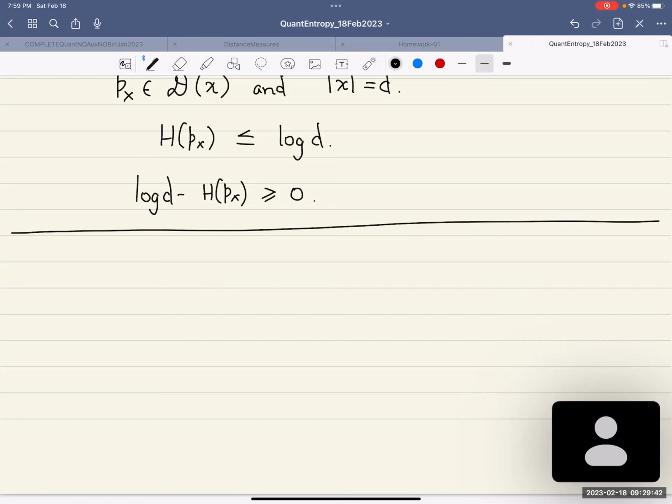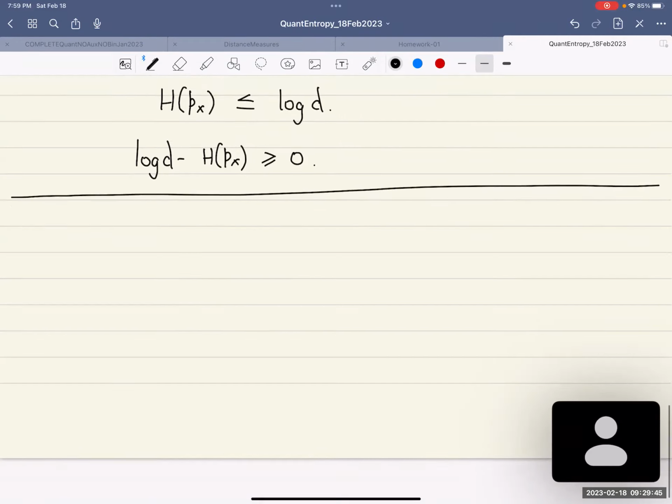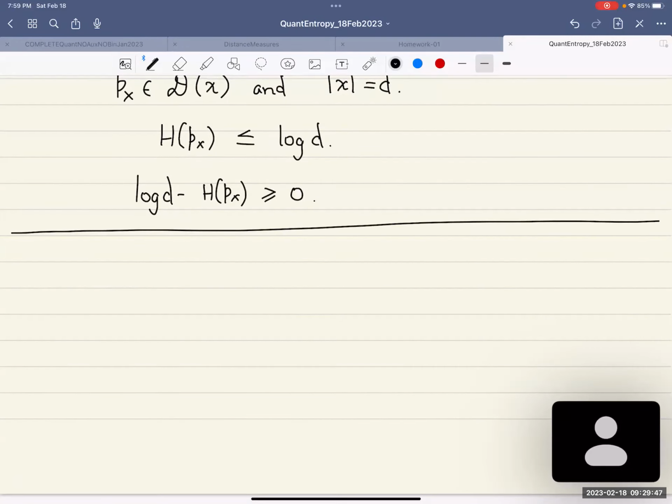Remember, it's actually very interesting. If you have a set X and you have P_X, then you can compress it down to its entropy. But for this, you have to wait for a long time, for the source to accumulate n symbols.